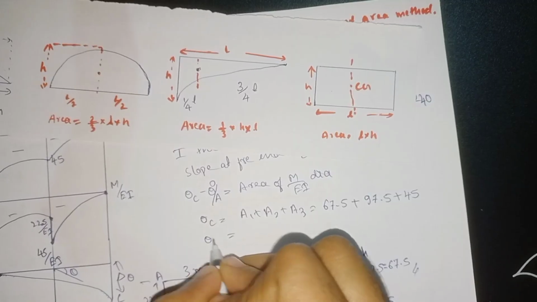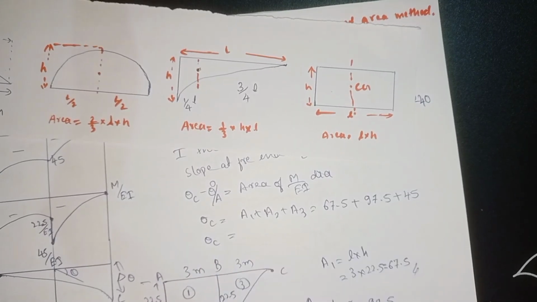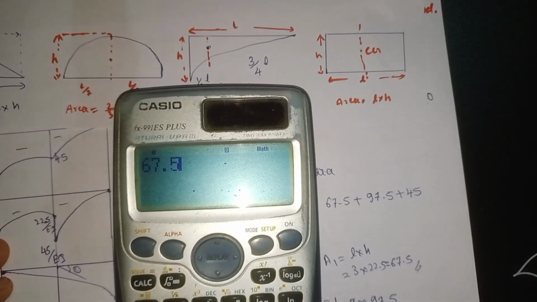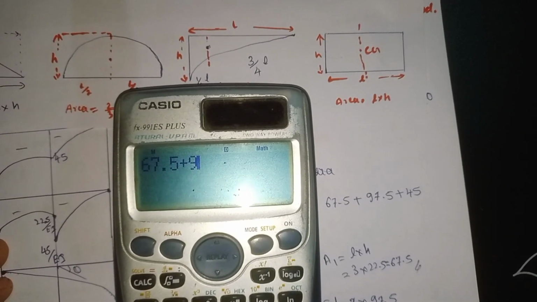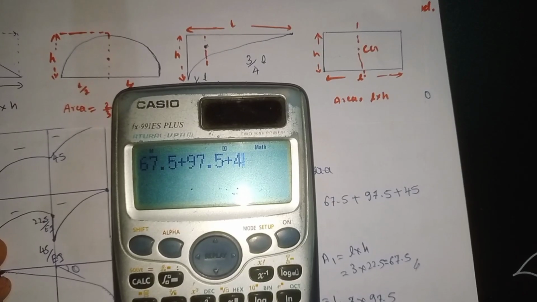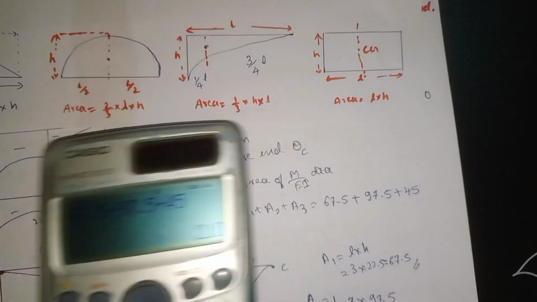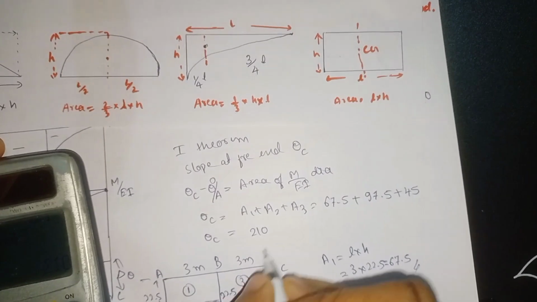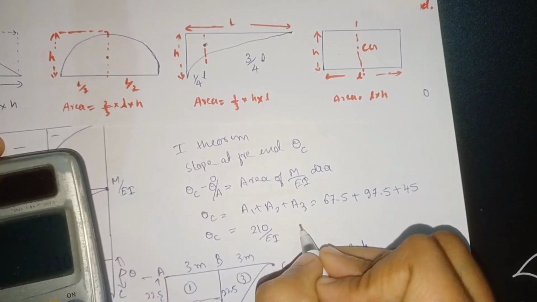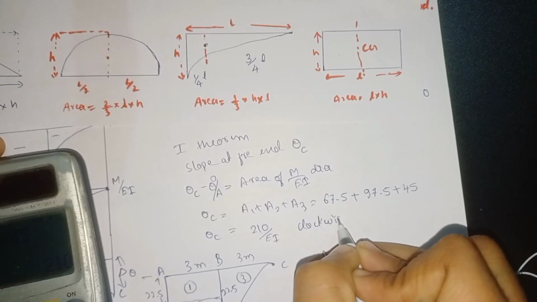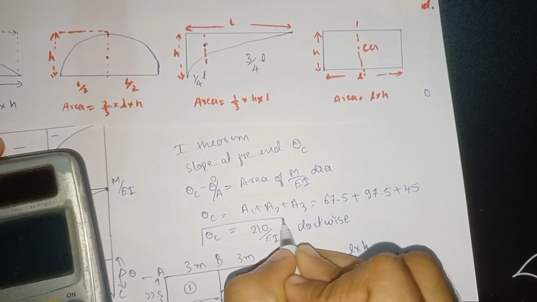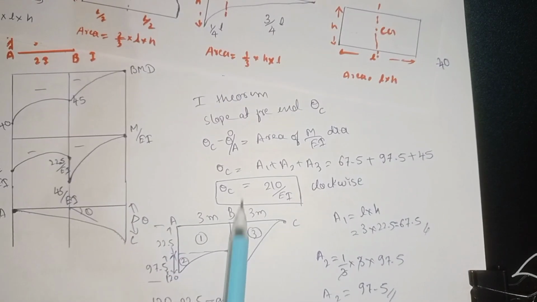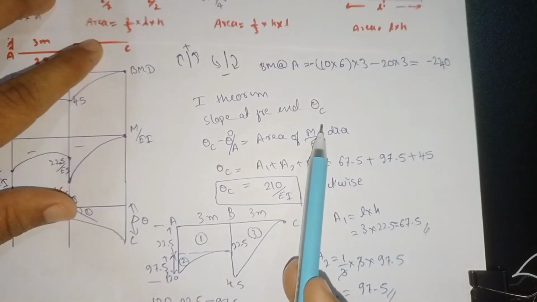If we do, our theta C will come out as 67.5 plus 97.5 plus 45, which will be 210 divided by EI. So it is clockwise. If you don't want to put the negative sign, then write clockwise here, because these values are all negative.